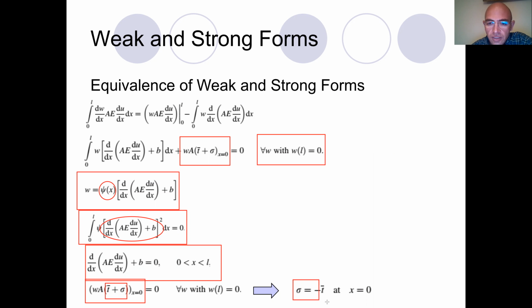From here, I can easily say that the stress is equal to negative of the traction at x equal to 0. Okay, so this is basically the proof of the equivalence between the weak form and the strong form.